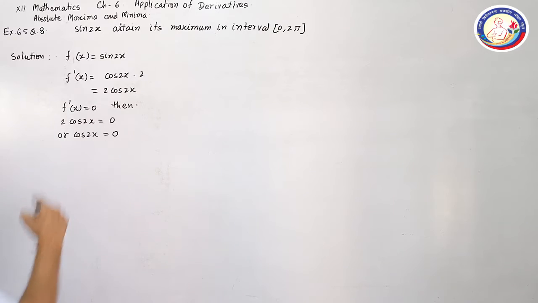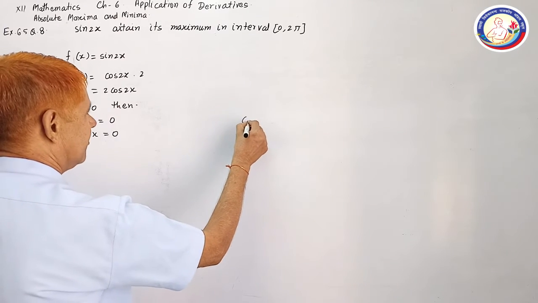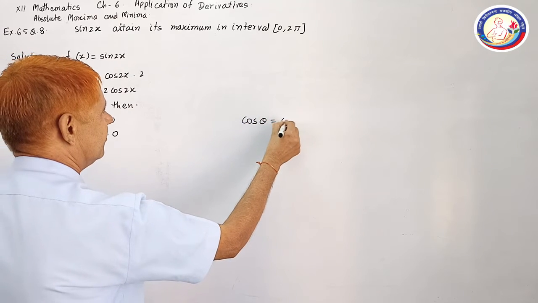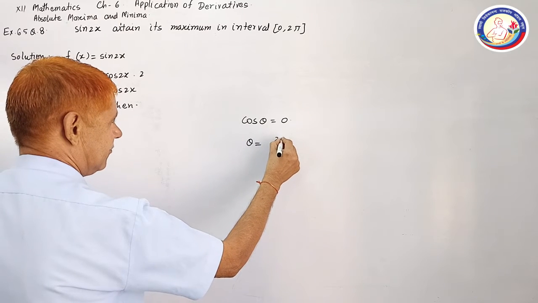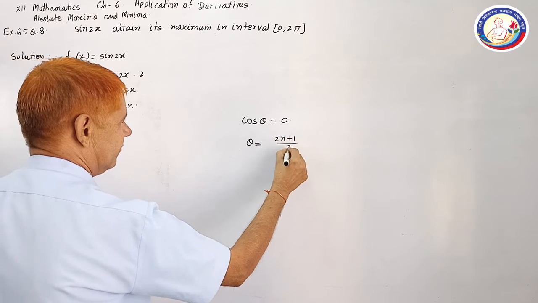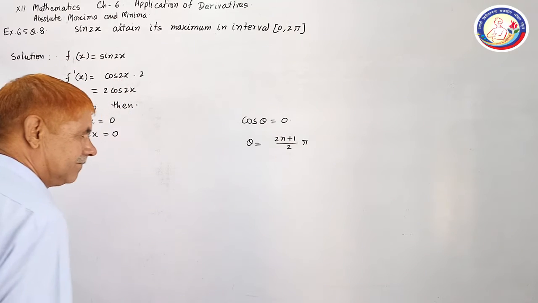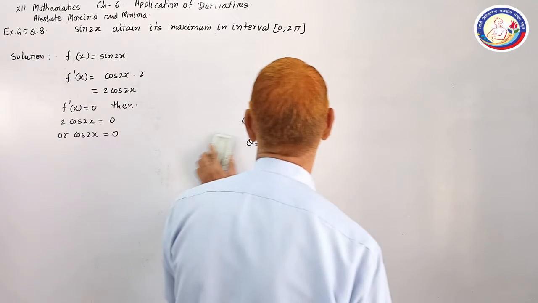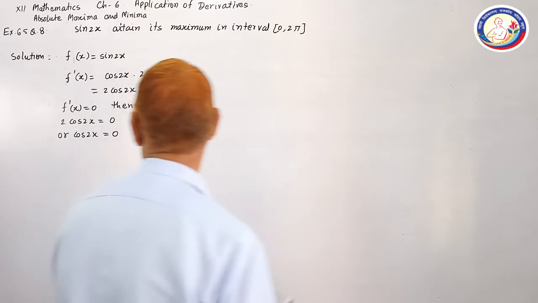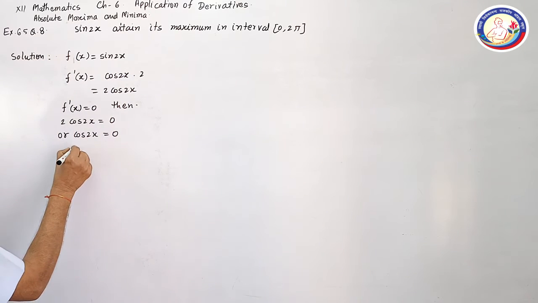Now, for what values is the value of cosine of the angle 0? I am not taking you to the formula. If cos theta equal to 0, then theta is given by (2n plus 1) by 2 pi for positive values.